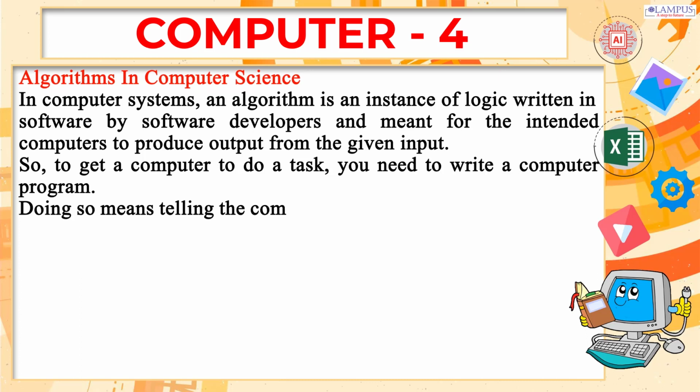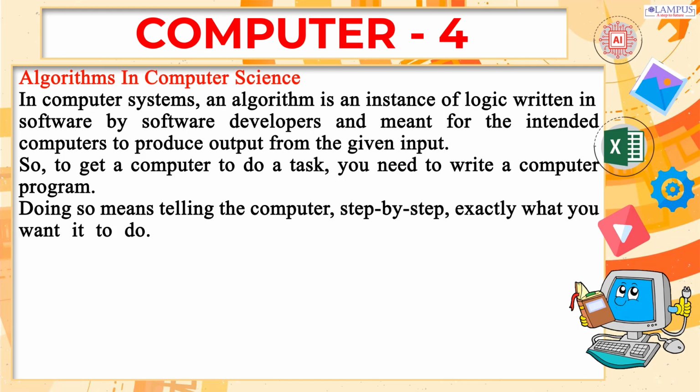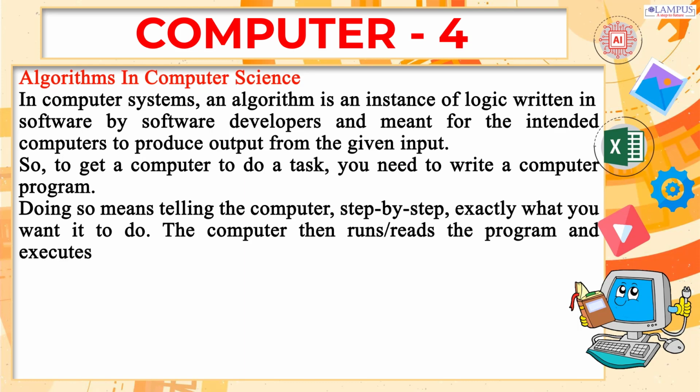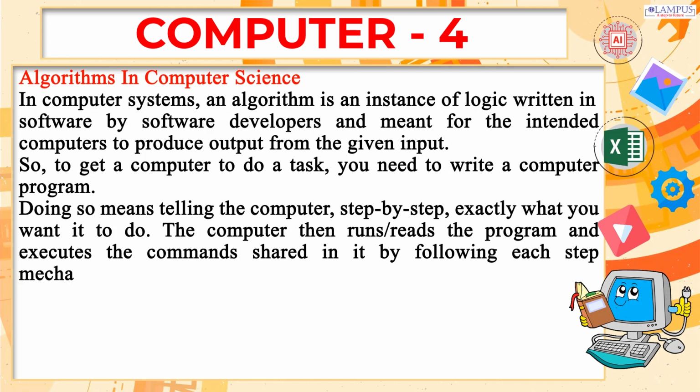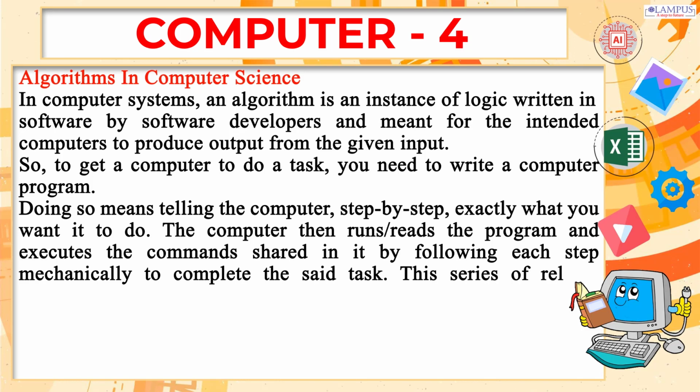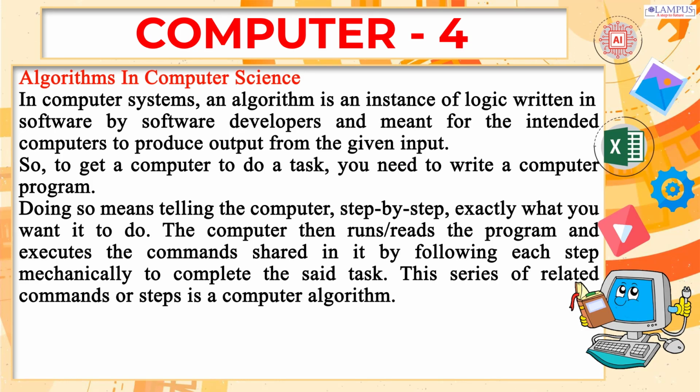Doing so means telling the computer, step by step, exactly what you want it to do. The computer then reads the program and executes the commands shared in it by following each step mechanically to complete the said task. This series of related commands or steps is a computer algorithm.